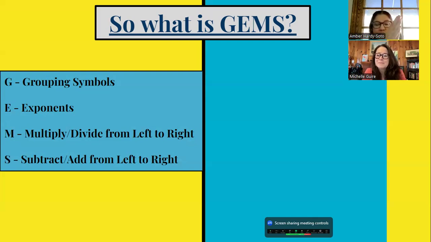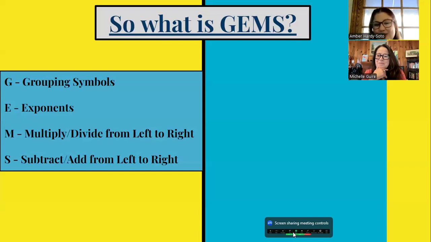So you go to the beginning of the problem and go left to right, and you see what comes first, multiplication or division, because we're taking care of it at the same time from left to right. And similarly, for addition and subtraction, we only get one letter, and that's the S, because GEMS probably sounds better than GEMMAS. So we're going to go with the S, but the S stands for both addition and subtraction, left to right, and see what comes first.